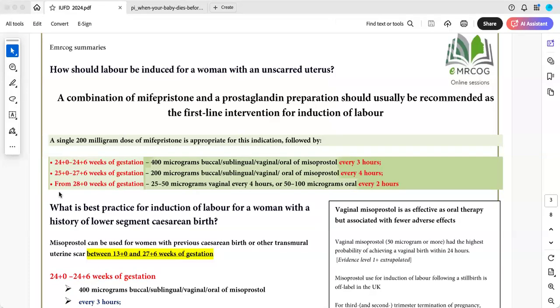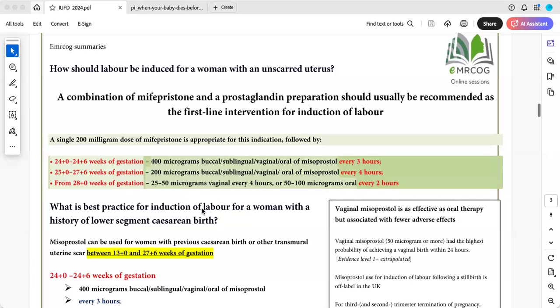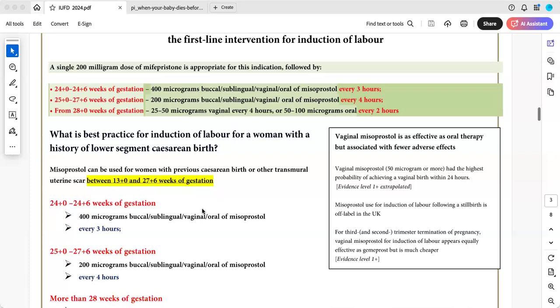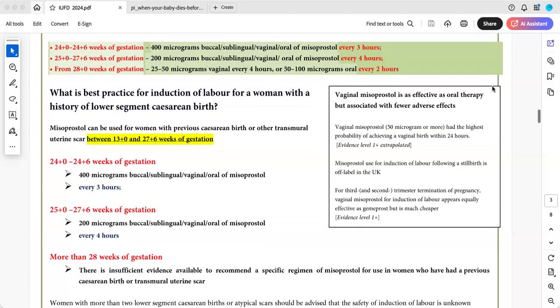From 28 weeks, if the choices are 25 to 50 vaginal every 4 hours or 50 to 100 oral every 2 hours, which one do you go for? Again, vagina. I'll tell you why, my dear friends.